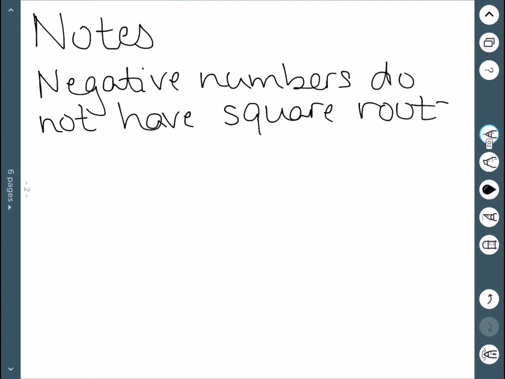For example, we said the square root of 9 is 3. If we tried to find the square root of negative 9, we would need a number times itself that's equal to negative 9. Well, 3 times 3 is positive 9, and negative 3 times negative 3 is also positive 9. So there's no number that times itself would be negative.